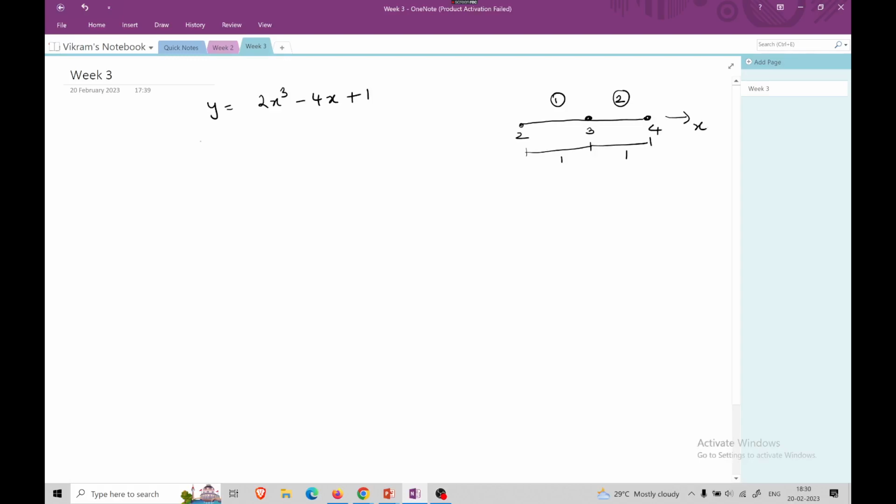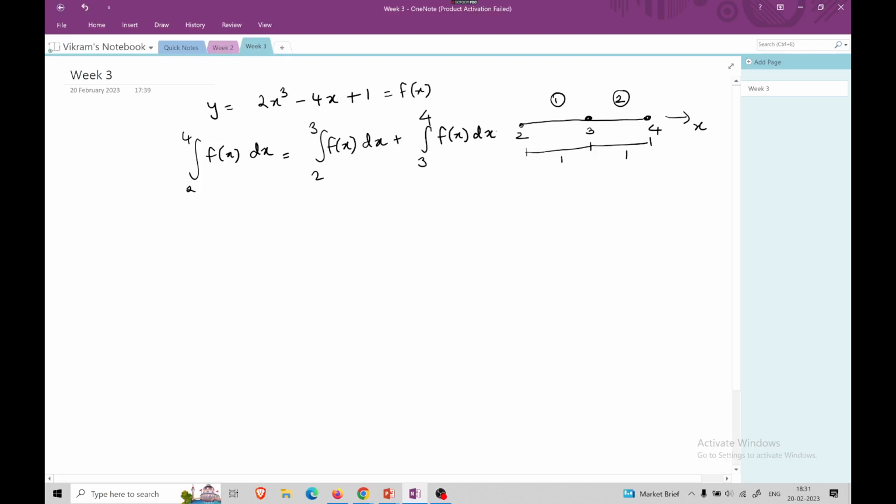What I have to do is the integral of f of x from 2 to 4 dx. I am going to split this into two based on the element discretization, plus the integral from 3 to 4 of f of x dx.